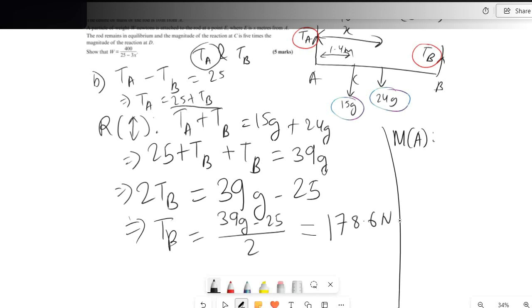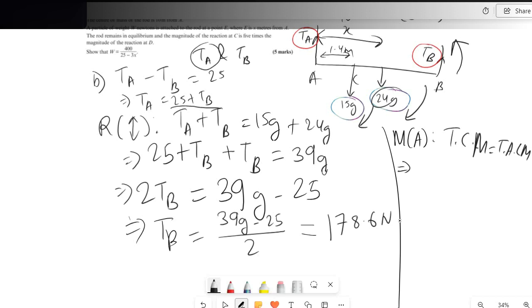Now we can take moments from A. Taking moments from A, we can say that the total clockwise moment is equal to the total anti-clockwise moment. Using the diagram, the clockwise moment is being driven by 24g in this direction as well as 15g in this direction, and the anti-clockwise moment is being provided by the tension at B, which is in this direction.